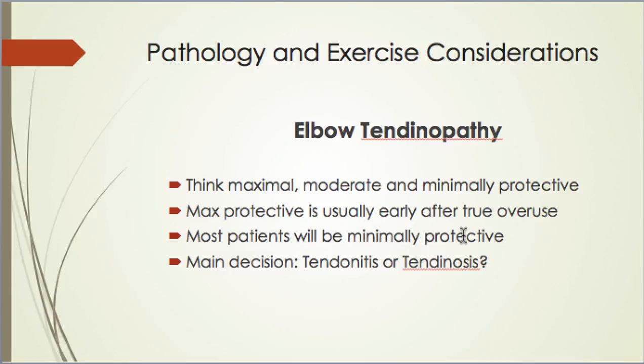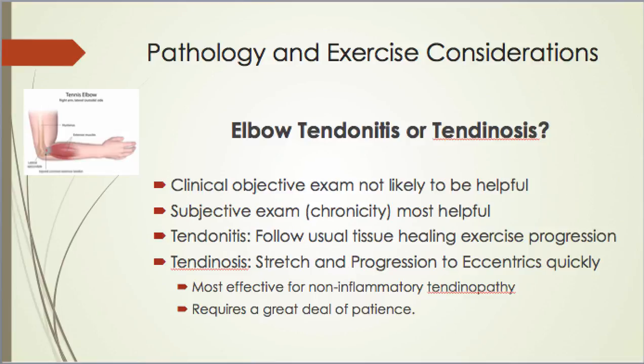It's kind of vague, it's not terribly painful, it just limits them from doing what they want to do. So the main decision is, okay, is this a tendinitis, which is an inflammatory process, or is it tendinosis, which is a degenerative process of the tendon? And that decision making will help us decide what kind of exercise we should do.